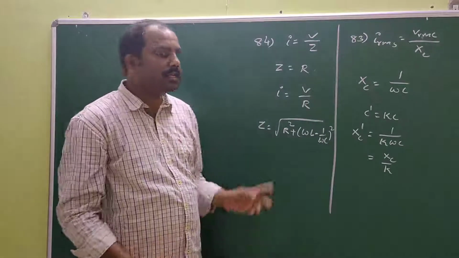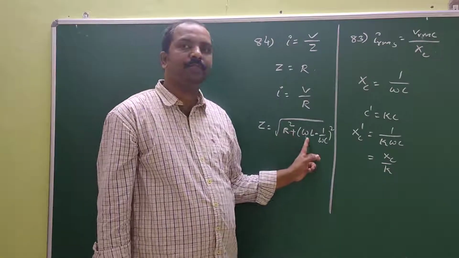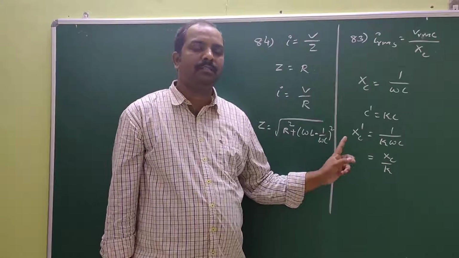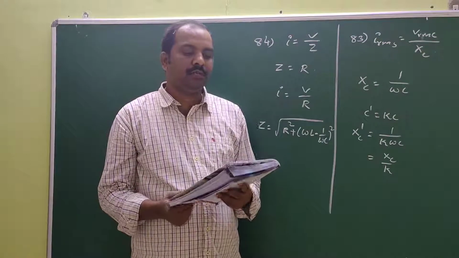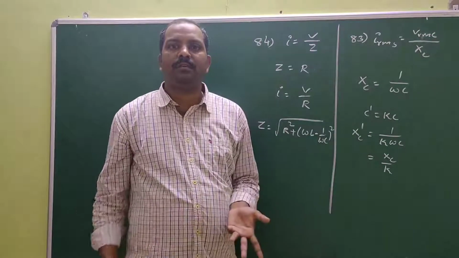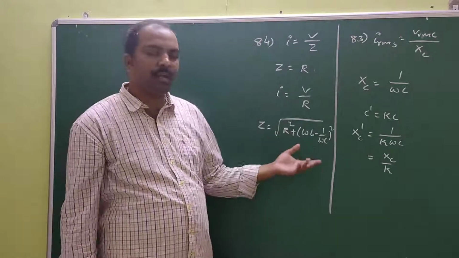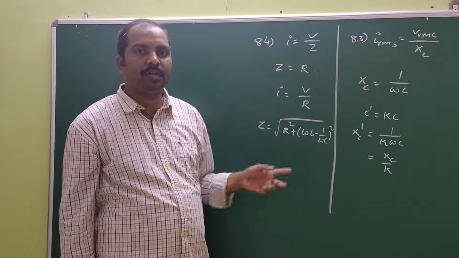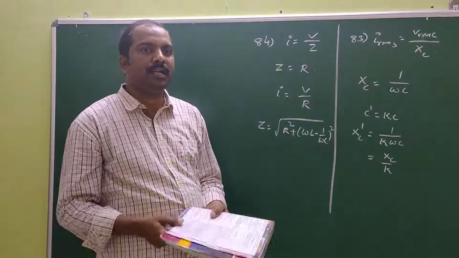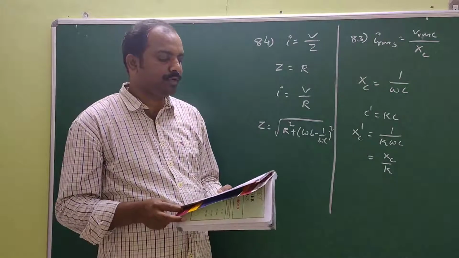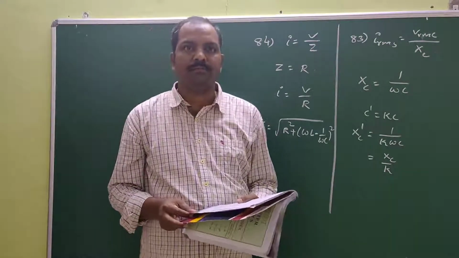So it depends on frequency, inductance and capacitance. So impedance may or may not be the same at all the frequencies. That's why that is a wrong statement. So the correct option for this question is the third option.